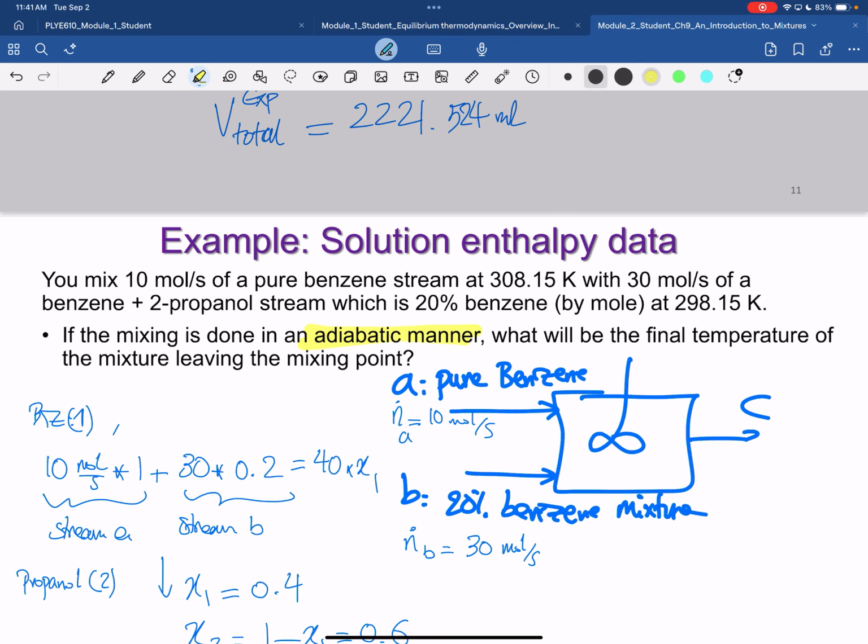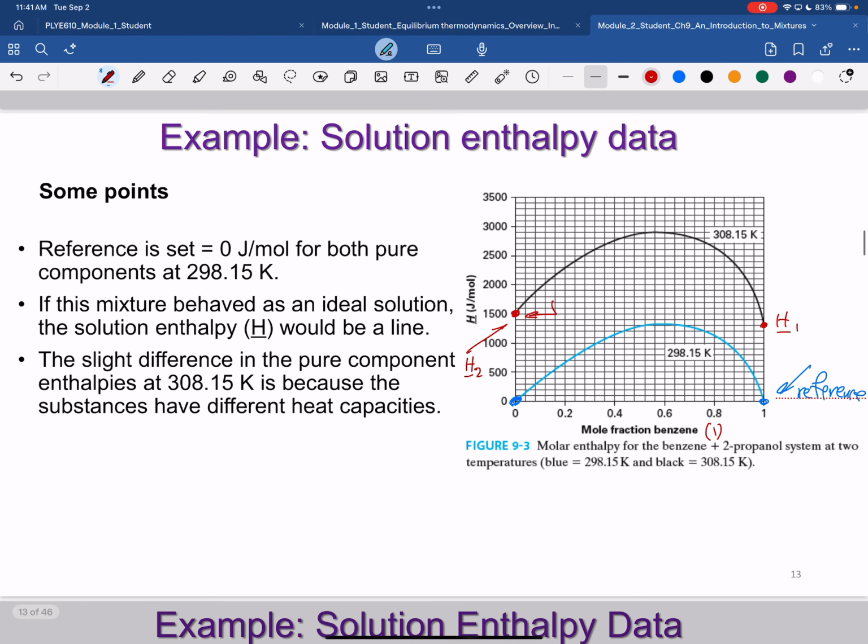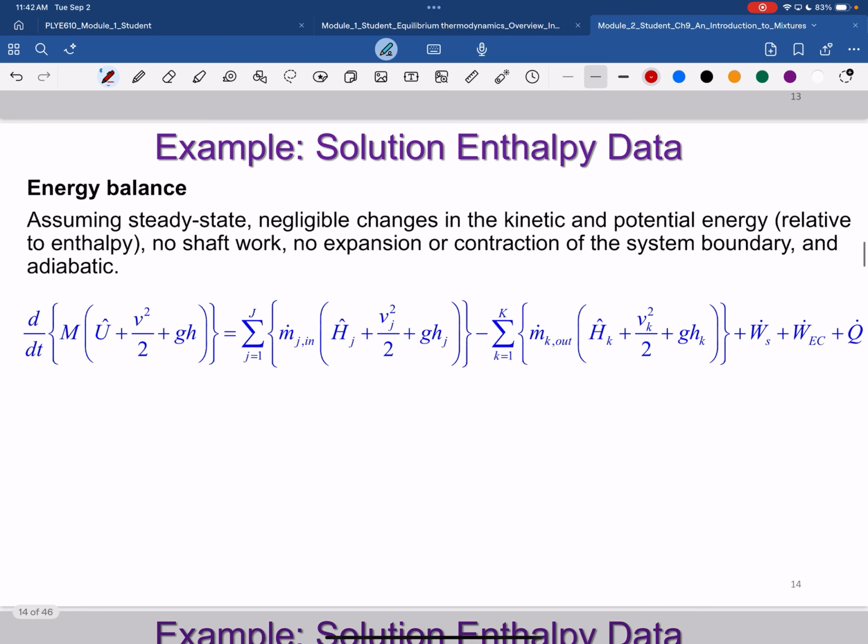What does it mean? There is no heat loss. Basically, heat transfer is 0 between the system that you have and the surroundings. And the system is your mixer. Okay? So I'm going to write the energy balance.